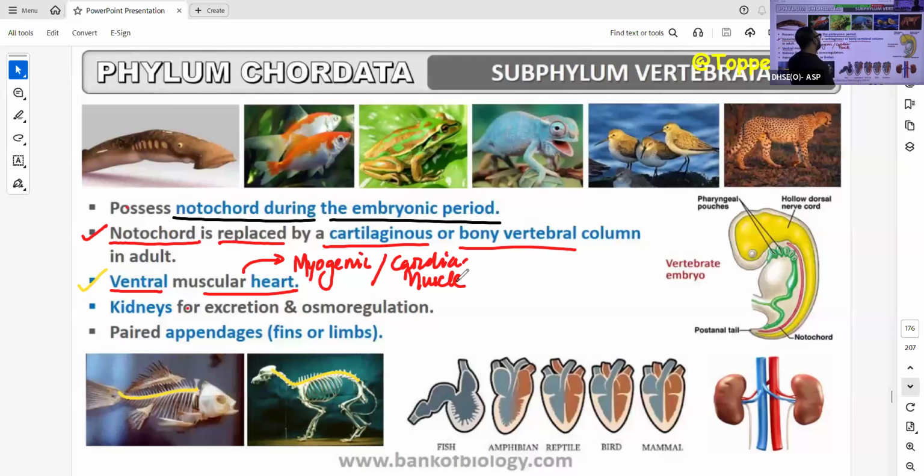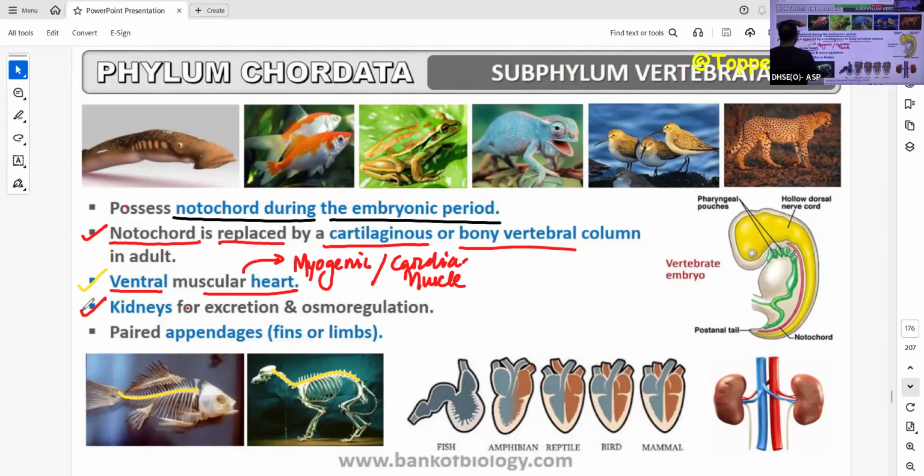So therefore, the heart is not under the direct control of any neural pathway. It does its own work on its own, autonomous है.